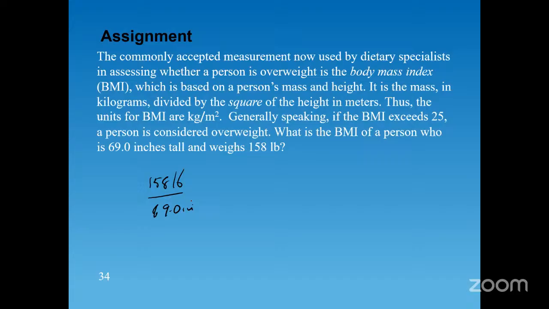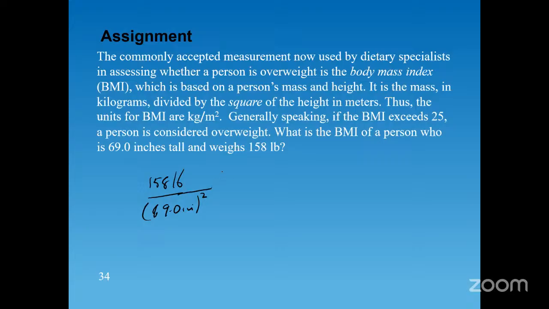So I would focus on converting the pound units to kilograms, and then focus on converting the inches unit to meters, right? And in fact, there's another correction I need to make here. This should be squared. So that means that I would have to focus on converting from inches squared to meters squared, all right? So let's see how we can do that.